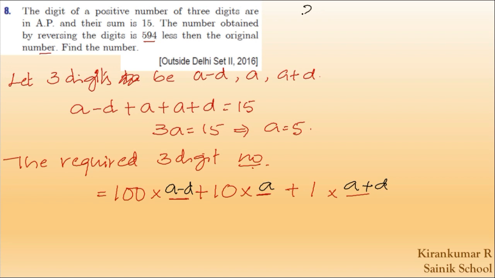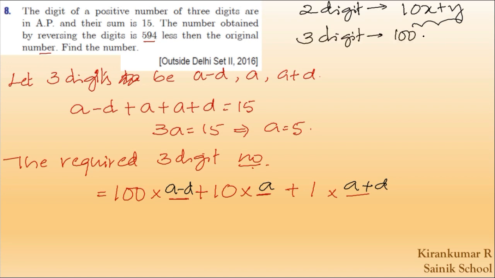For a 2-digit number, we have learned in our previous classes, in class 9th, in class 8th also. It's the general form 10x plus y: 10 multiplied to the digit, 1 multiplied to the digit. Same way for a 3-digit number, it is 100 times the digit, say x, plus 10 times the digit y, plus the digit z.